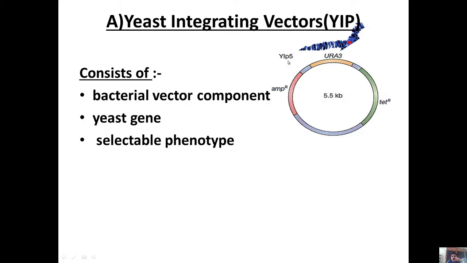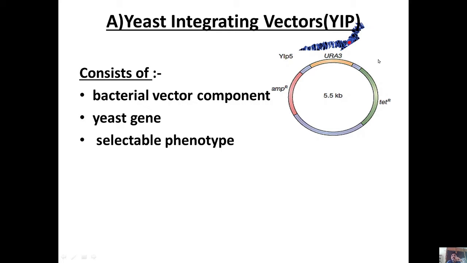In this case, this is the YIp5 vector, and this bacterial component for the YIp5 vector is coming from pBR322. That's why you can see ampicillin resistance and tetracycline resistance genes over here. And next is the yeast gene, the URA3 gene, and selectable phenotype regions.